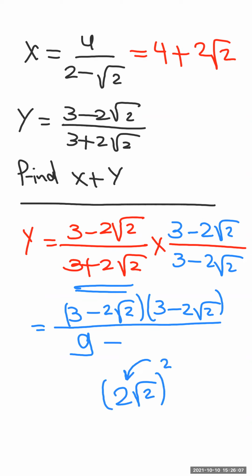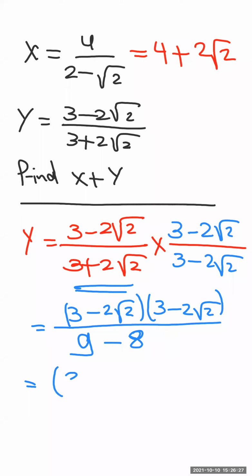That means 2 squared is 4, times the square root of 2 to the power 2 which is 2, so 4 times 2 is 8. So 9 minus 8, which means the denominator will become 1. Now it will equal the product of 3 minus 2 square root of 2 times 3 minus 2 square root of 2, over 1. We will never write 1 on the denominator, no need. So now multiply these two numbers.